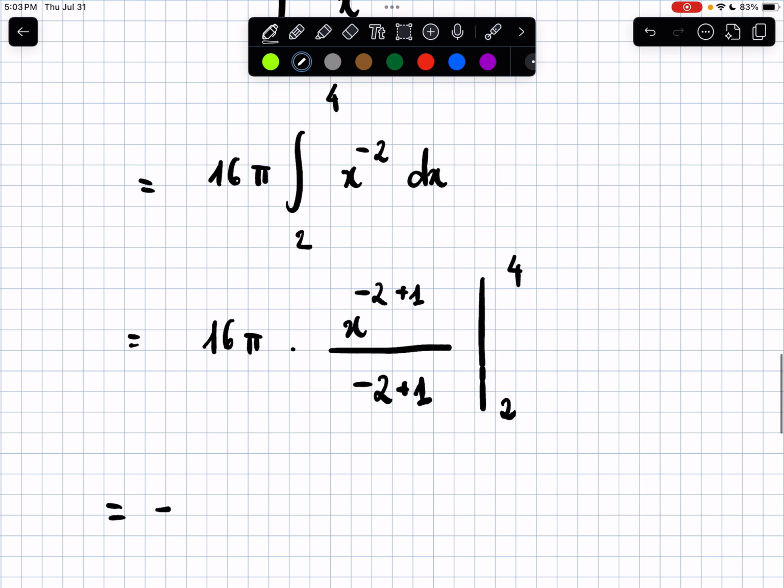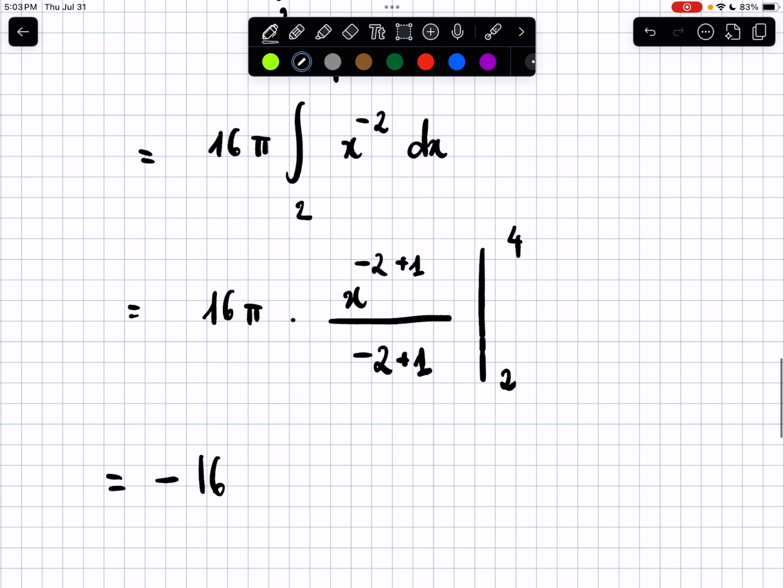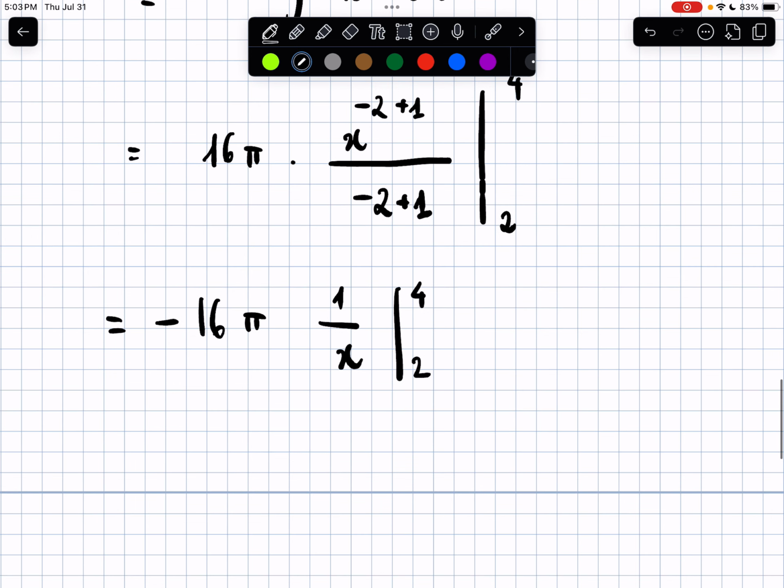So minus 16 pi times 1 divided by x, from 2 to 4, so minus 16 pi times 1 divided by 4 minus 1 divided by 2.